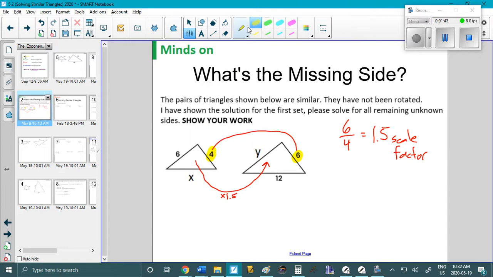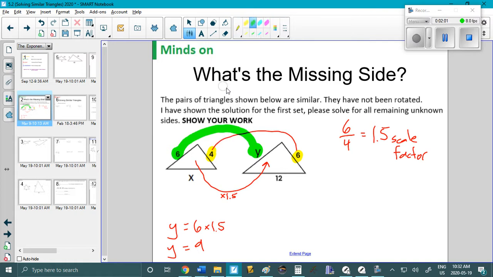Now, if we want to figure out how to get from 6 to y, we would do a very similar thing. We would say y equals 6 times 1.5, and so y is going to equal 9. Now here's the tricky one. If we want to figure out x, which is down here, x goes with 12.